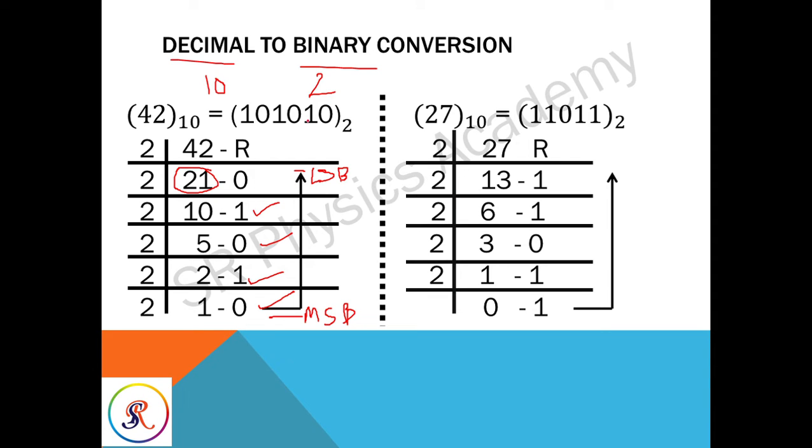So when we are writing decimal to binary numbers, take from lower to up, that means MSB to LSB.